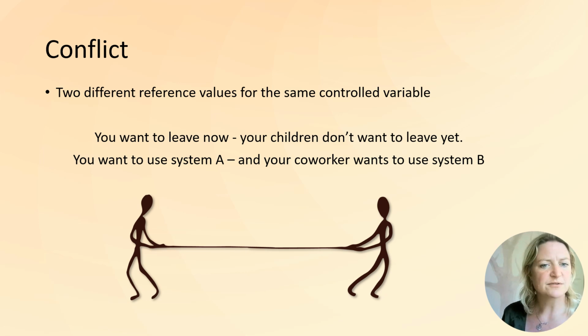This helps us to see that neither you nor your co-worker is being unreasonable. You're both simply trying to control your perceptions based on your individual reference values, which are embedded in your own perceptual hierarchy. We all just want to experience the world in the way we want. And this creates conflict if we both try to control the same variable.